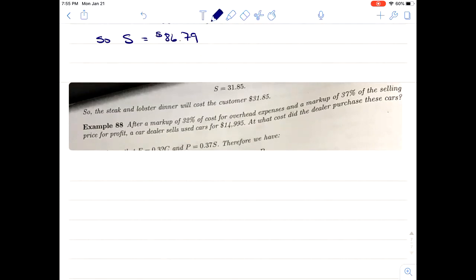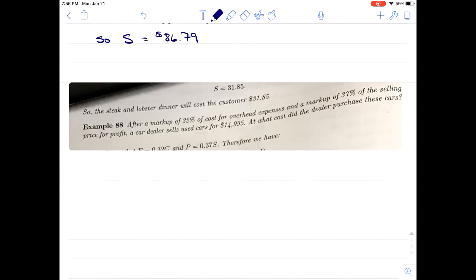I like thinking of them as really sassy questions. After a markup of 32% of cost for the overhead expenses and a markup of 37% of the selling price for profit, a car dealer sells used cars for $14,995. At what cost did the dealer purchase the cars? Okay, so now we have to find C.